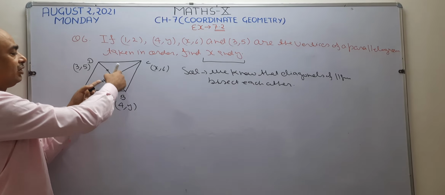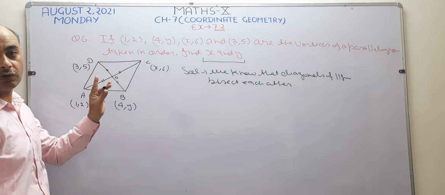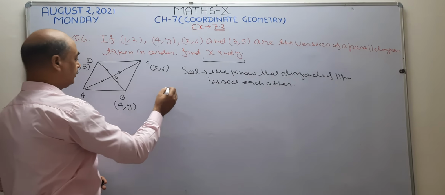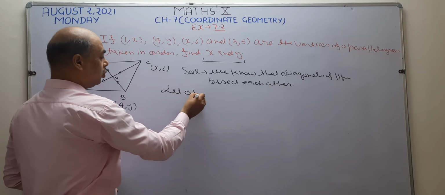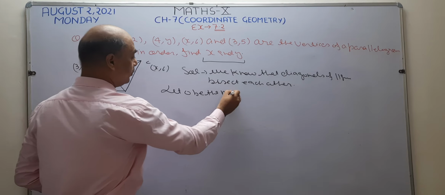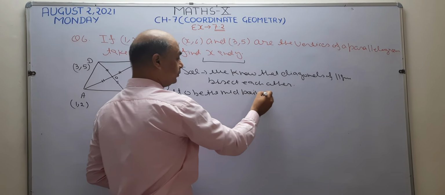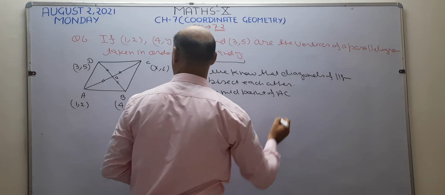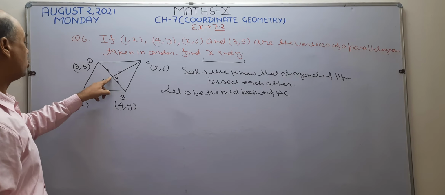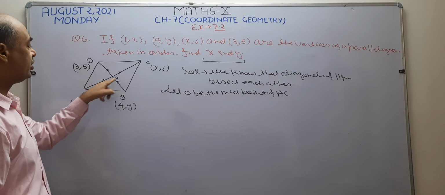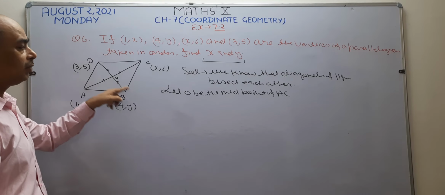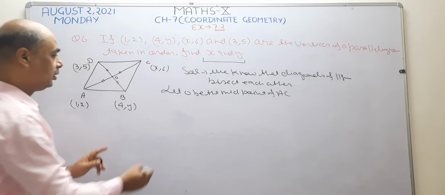When both the parts are equal, it means we are going to use midpoint formula. Okay, so I write here, let O be the midpoint of AC. I take AC first. If O is midpoint of AC, then the coordinates of O by which formula? Midpoint formula.